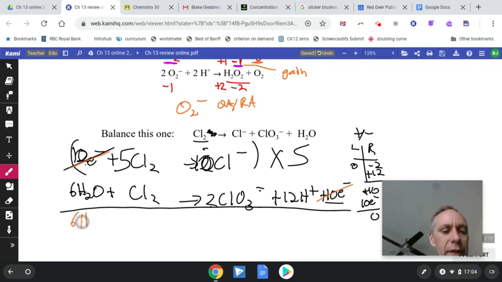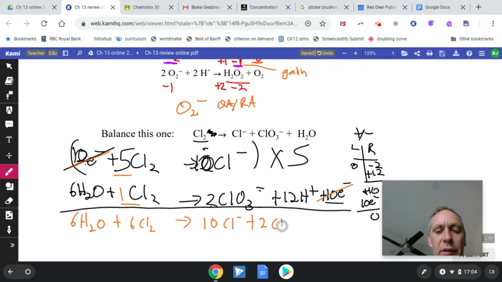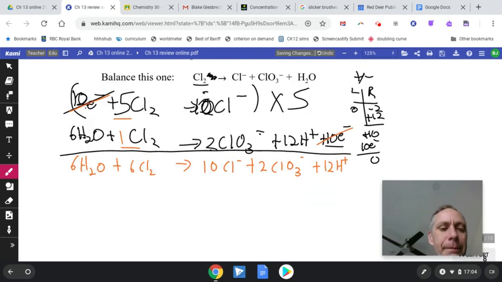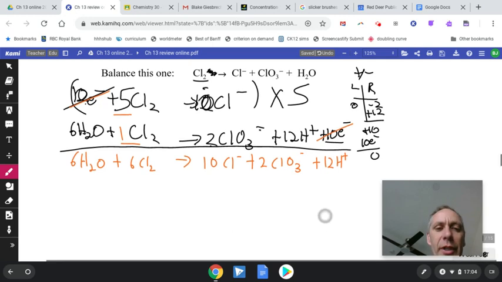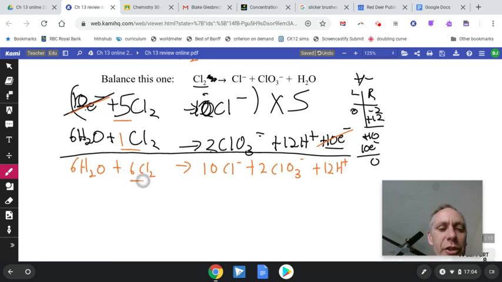Okay, 6 waters plus 5 and 1 more is 6 chlorines gives 10 chlorides, 2 chlorate, and 12 H+. And again, I'm skipping states just to save time. So there it is. Lovely. Balanced redox reaction with disproportionation.